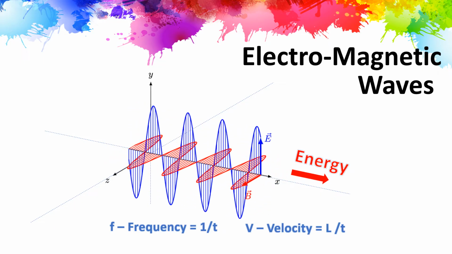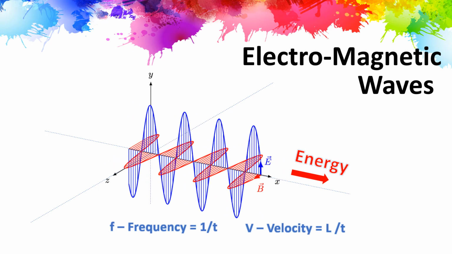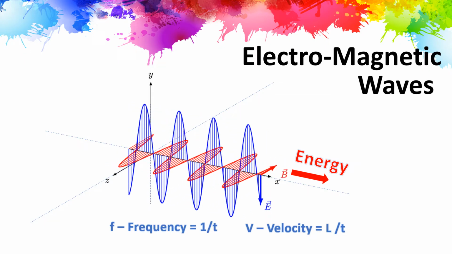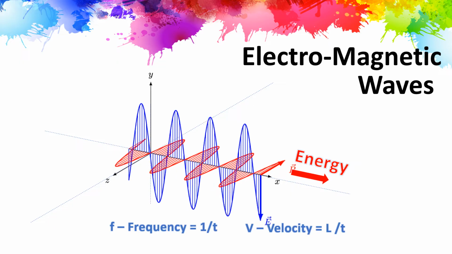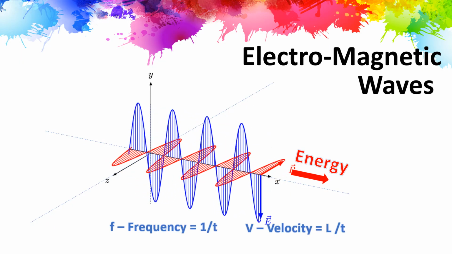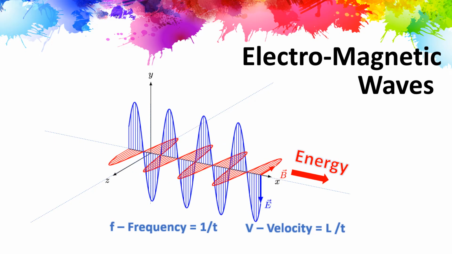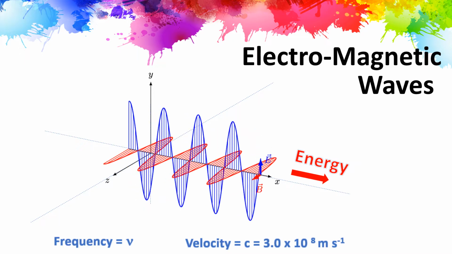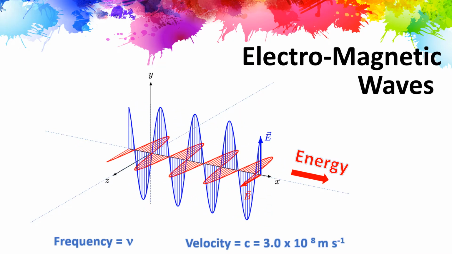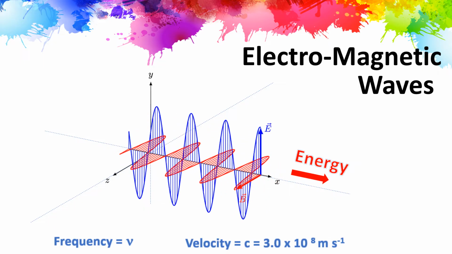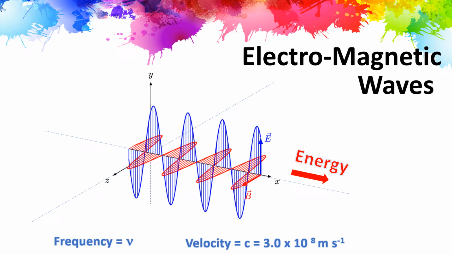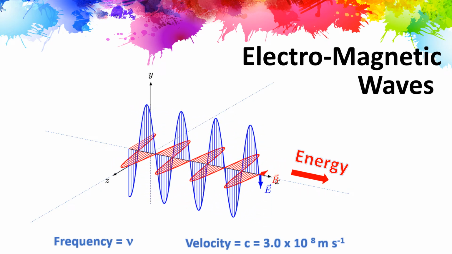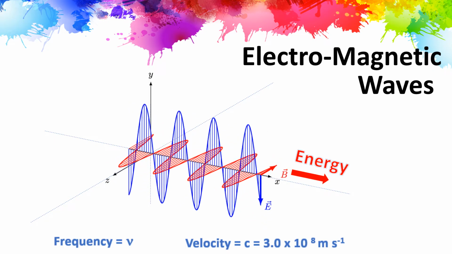These electromagnetic radiations also have similar wave properties. They also have frequency and velocity, and there's a relationship between frequency, velocity and wavelength. Here the frequency in electromagnetic radiation is normally represented by nu, and the velocity by c, because c represents the velocity of light.